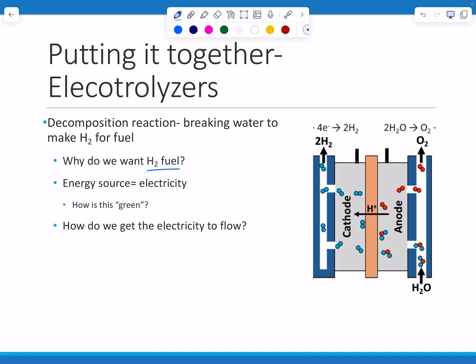But how do you get hydrogen? Okay, one of the major ways that people are trying to do this is by breaking apart water, right? Into, let's see. There we go.